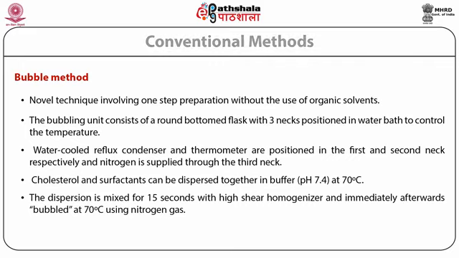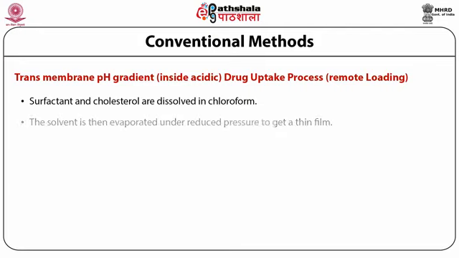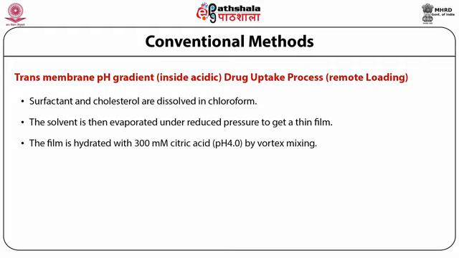Transmembrane pH gradient method, also called the drug uptake process or a method for remote loading. In this method, surfactant and cholesterol are dissolved in chloroform. The solvent is then evaporated under reduced pressure to get a thin film. The film is then hydrated with 300 millimolar citric acid solution at pH 4 by vortex mixing.